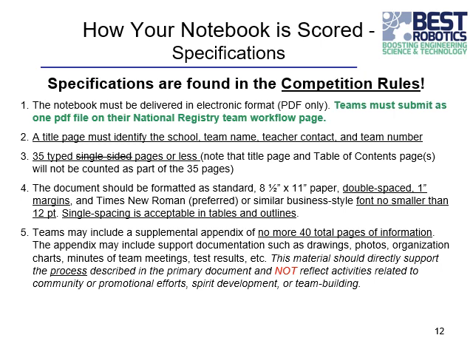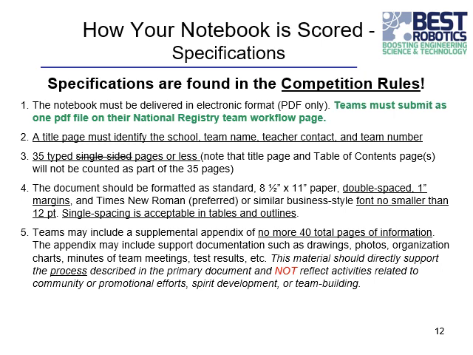So now we're going to talk more about how the notebook is scored, which really gives you insight into what you need, the details of what you need to put in your notebook. So this specification section and the next 3 pages after this are in the competition rules. And I've copied these here, and the green items are some tips.